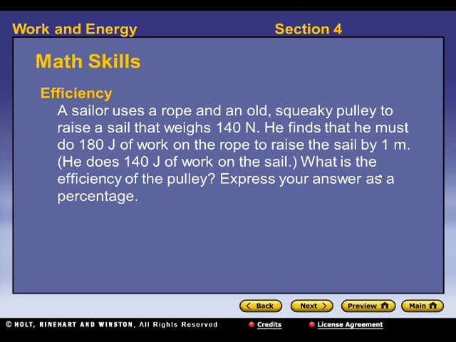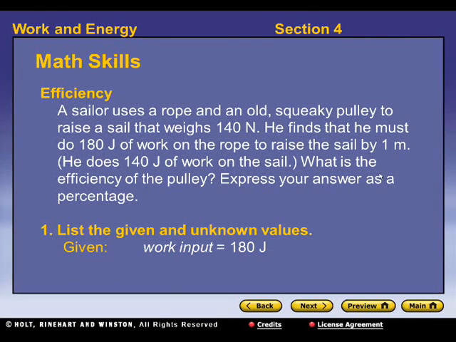So the work that he did is the 180 joules of work. But he only raised the sail 1 meter, which means that the output work done by that pulley was just moving that 140 newton sail 1 meter. So if you calculate work, force times distance, that's 140 times 1 meter. The output work done was only 140 joules of work.